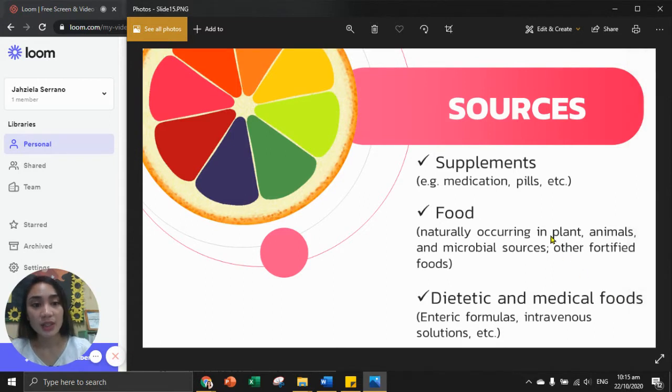So, ito din naman sa supplements. Why should you have supplements kung kaya mo namang makuha yung iyong recommended intake through food, right? So, maraming debate about this. Kung kailangan ba talaga ng tao ng supplements or can you just take it naturally? So, yun.